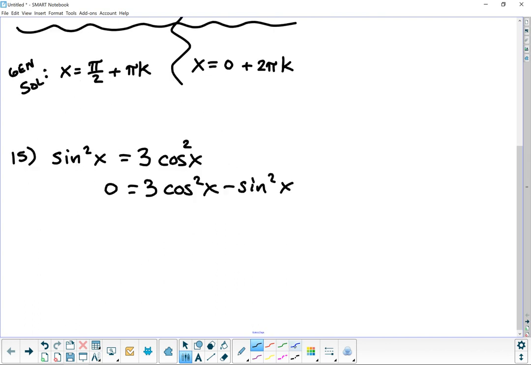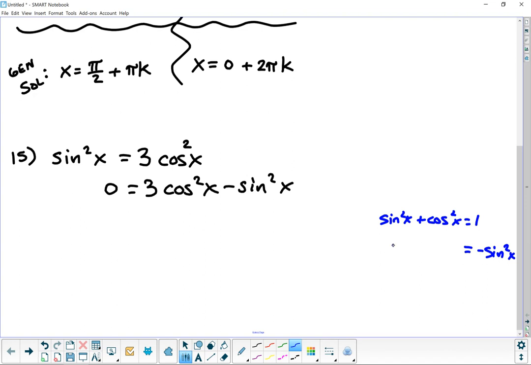Okay, I'm going to go ahead and use a trig identity: sine squared x plus cosine squared x equals 1. So if I want to substitute for sine squared x, actually, let's do this. See how that's already a minus sine squared x? I'm going to move the sine squared x to that side, so this will be negative sine squared x. And I'm going to move the 1 to the left-hand side.